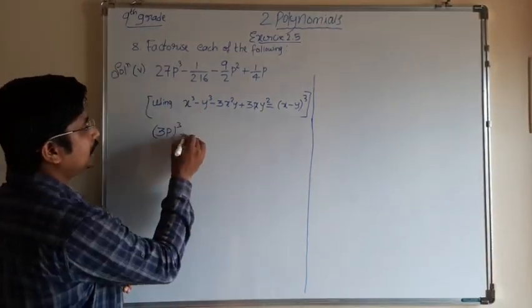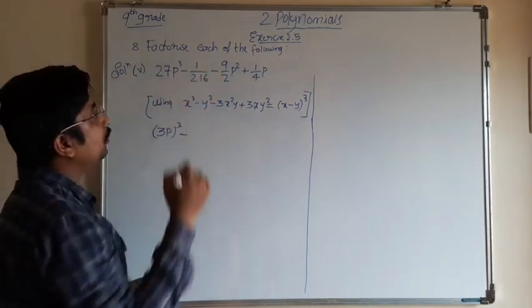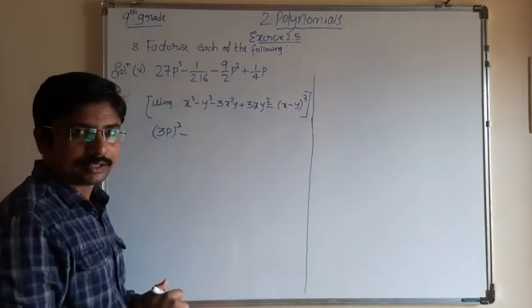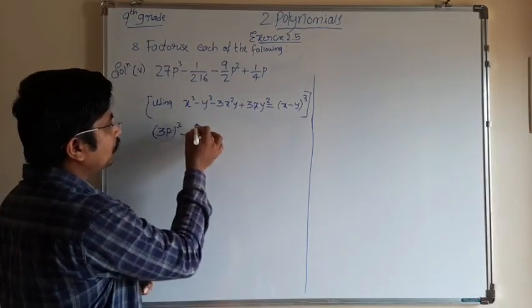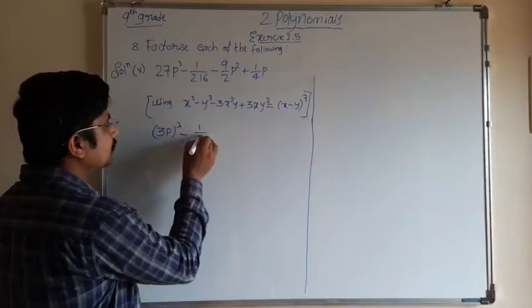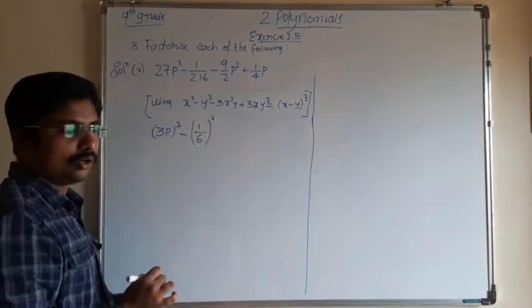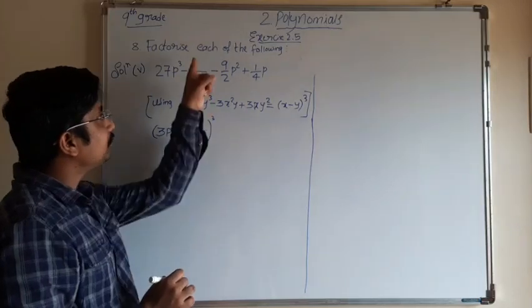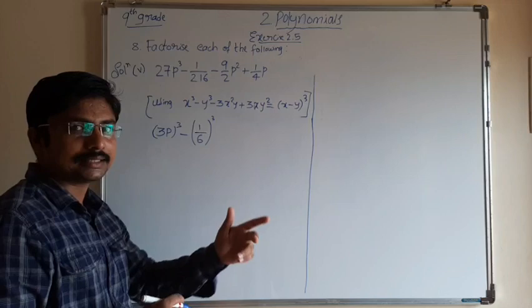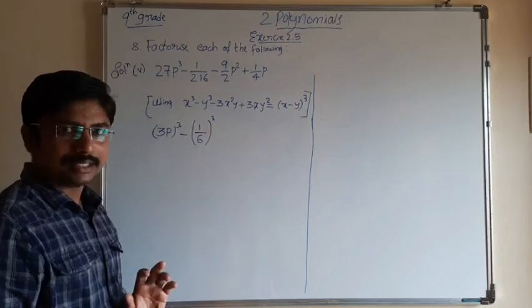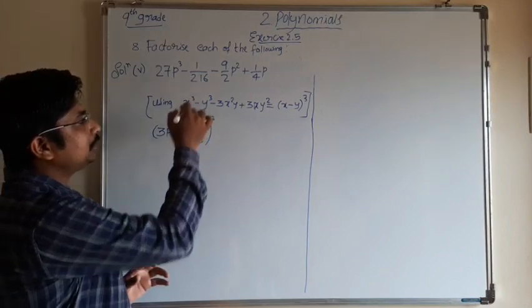Minus y cube we require, but here we only have 1 upon 216. I am writing it as 1 upon 6 whole cube, because 1 cube is 1 and 6 cube is 6 sixes are 36, 36 sixes are 216. Now I converted it in terms of a cube minus b cube.